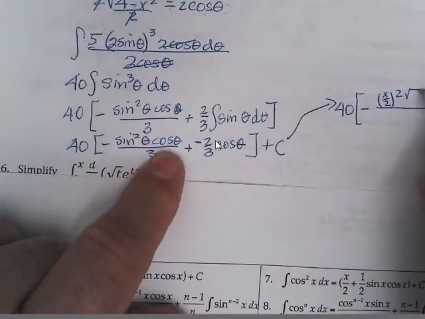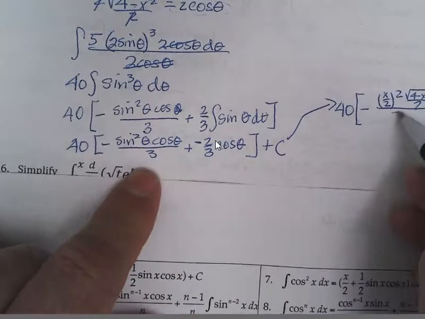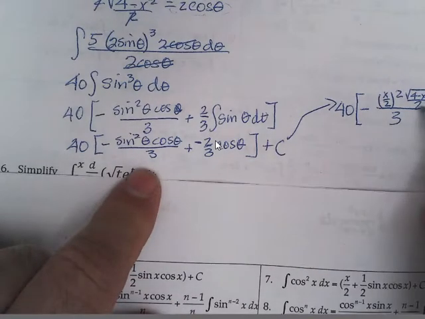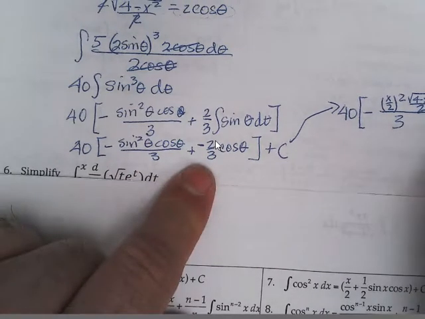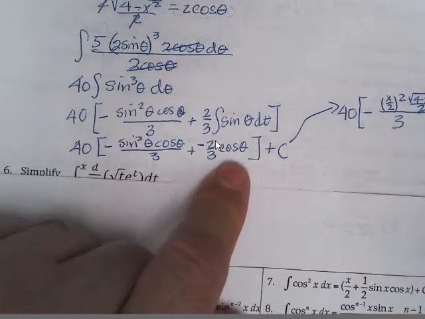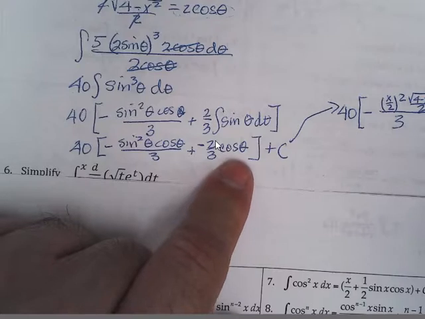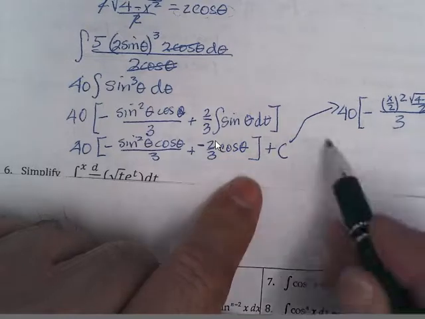So that's the square root of 4 minus x squared over 2. That's the cosine. All that's divided by 3 minus 2/3 cosine. That's the square root of 4 minus x squared over 2 plus c, and I'm back to x's.